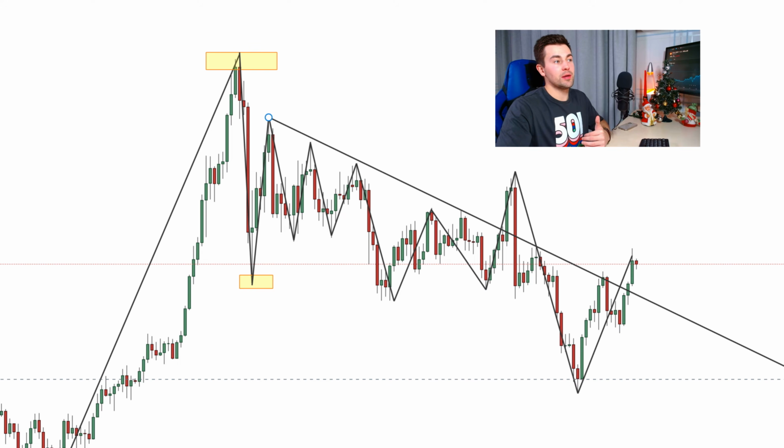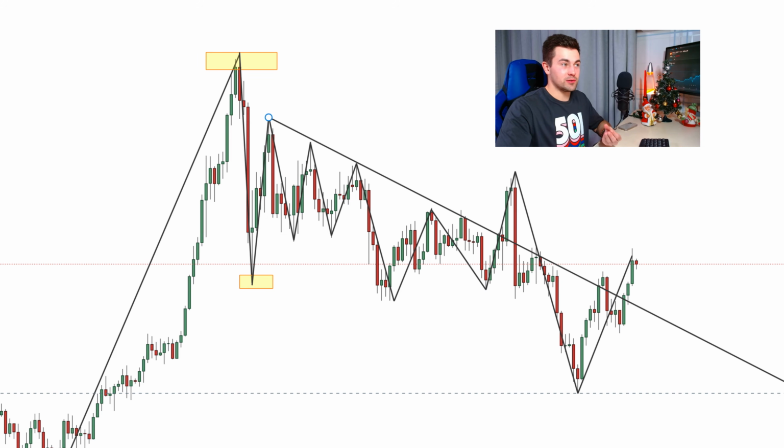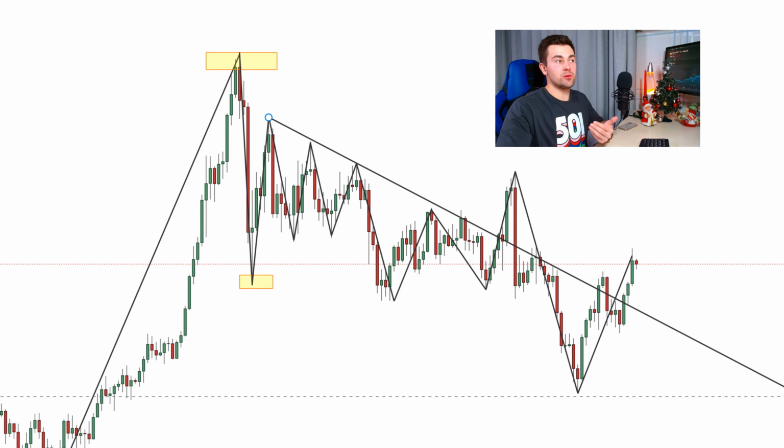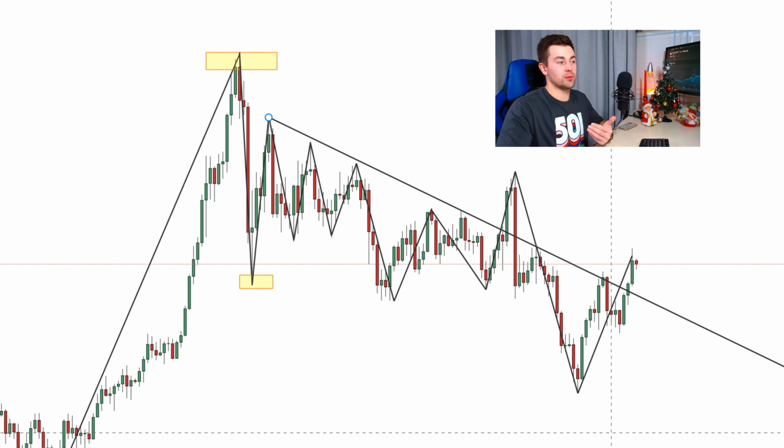We can play with the angle, checking the recent wicks, the recent price action. Here goes the subjective part of trend line identification. In such a situation, I recommend you rely on wicks at the highest point possible of the price action.